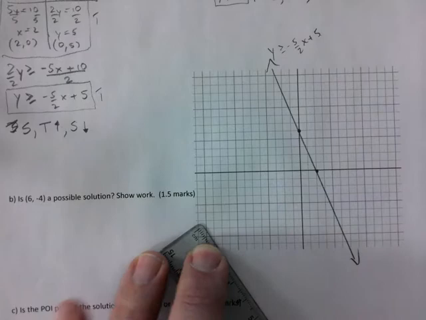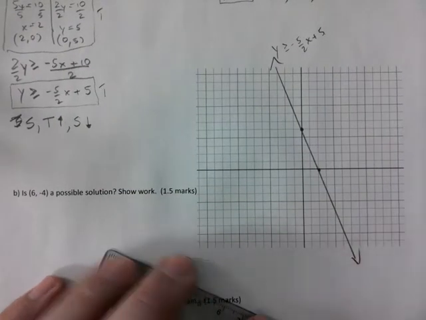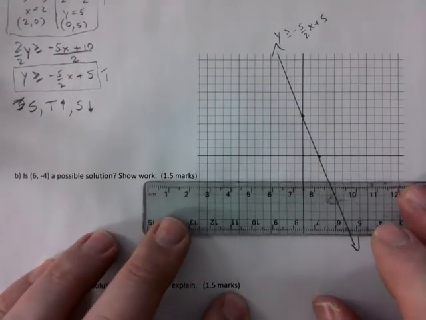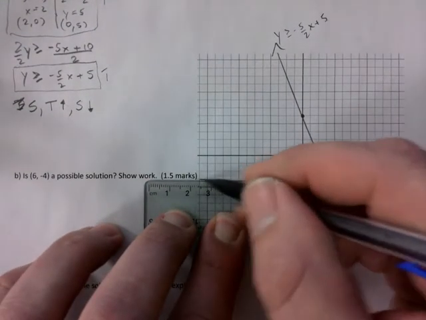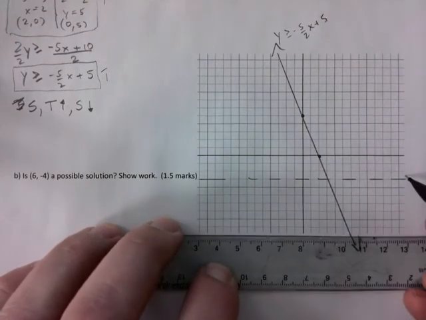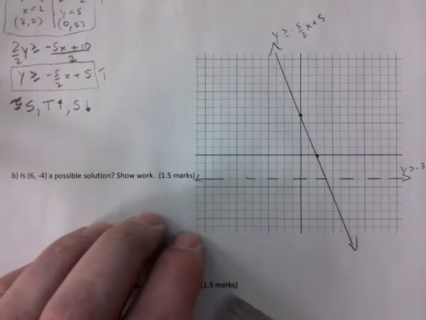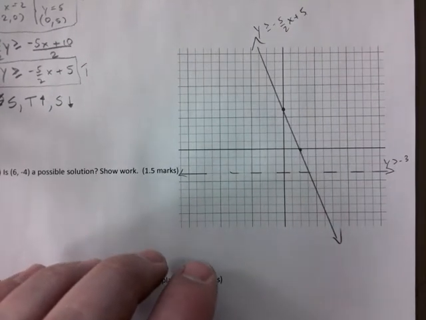So label. If you forgot to label, take off half. Okay. Then -3. That's a dashed line. Right, and I'm going to label that one. y is greater than -3. That is taken care of.